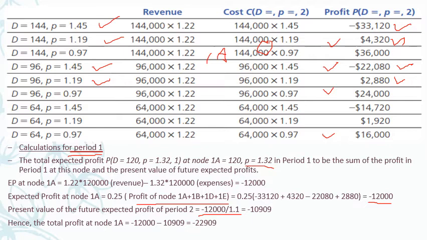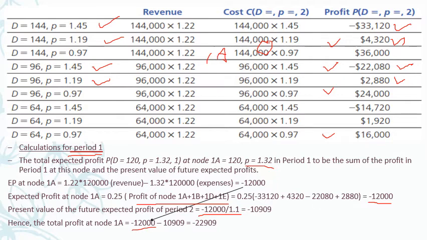Both of them must be added. What is this 12,000? This 12,000 is the expected profit that I obtained by subtracting total expenses from total revenue. That 12,000 plus the present value of the expected profit.